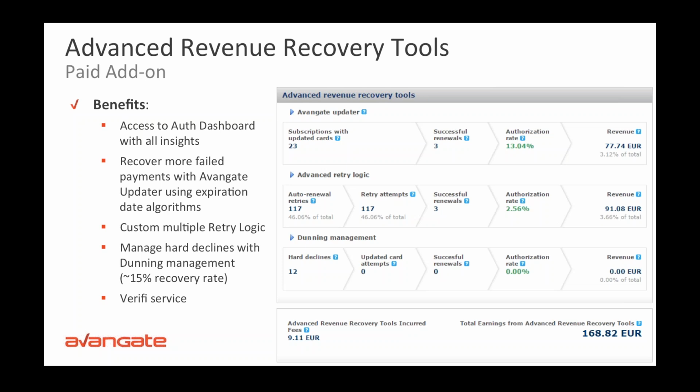On the soft declines, there could be other reasons why the card got declined. It could be because the gateway was down. It could be that you are actually authorized to try authorizing a card, but you didn't try it at the right time. So you want to change the schedule to see if you can try authorizing a card at a later date.